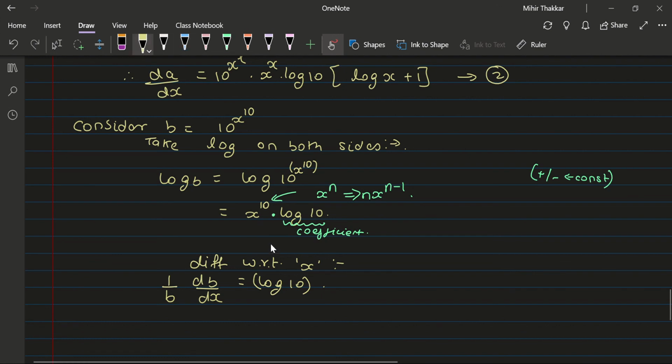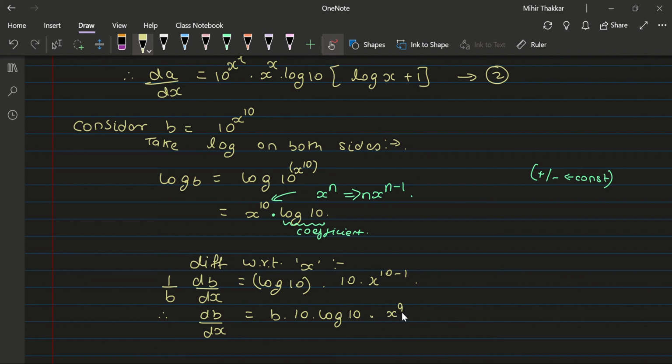So I get the value as 10 into x raised to 10 minus 1. Cross multiply this b on the opposite side. So db upon dx will become equal to b into 10 into log 10 and x raised to 9.